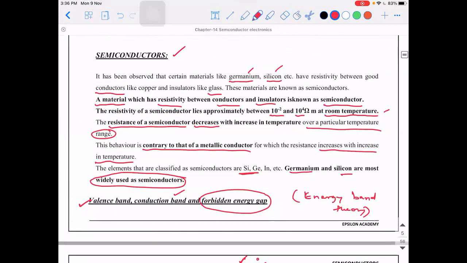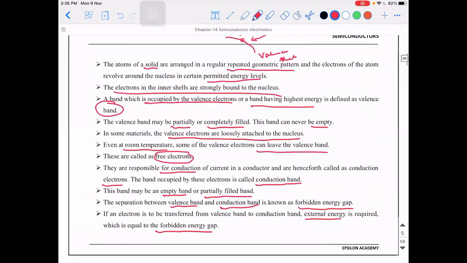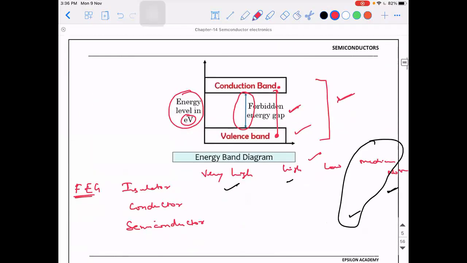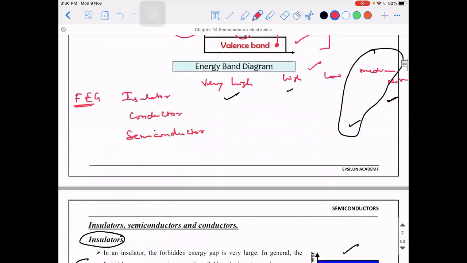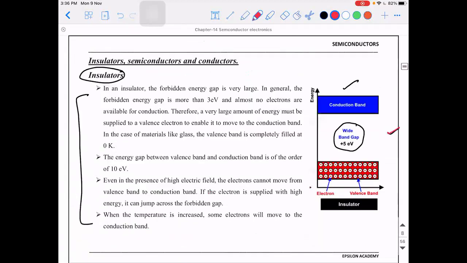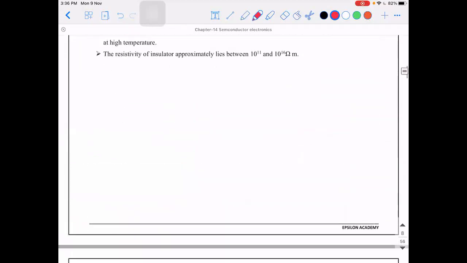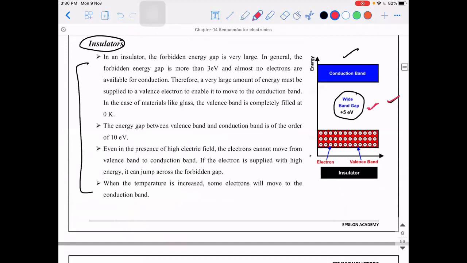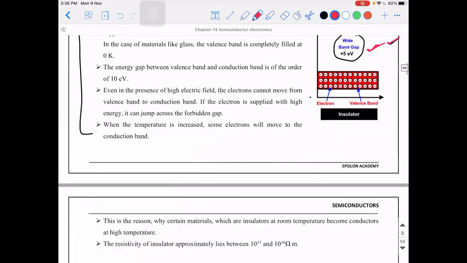One is you can speak about their difference in terms of their resistivity, or you can speak in terms of their energy band diagram, right? When we spoke about the energy band diagram, it consists of a valence band, a conduction band, and something called a forbidden energy gap. If you talk about an insulator, the forbidden energy gap is going to be more, approximately 5 electron volt.